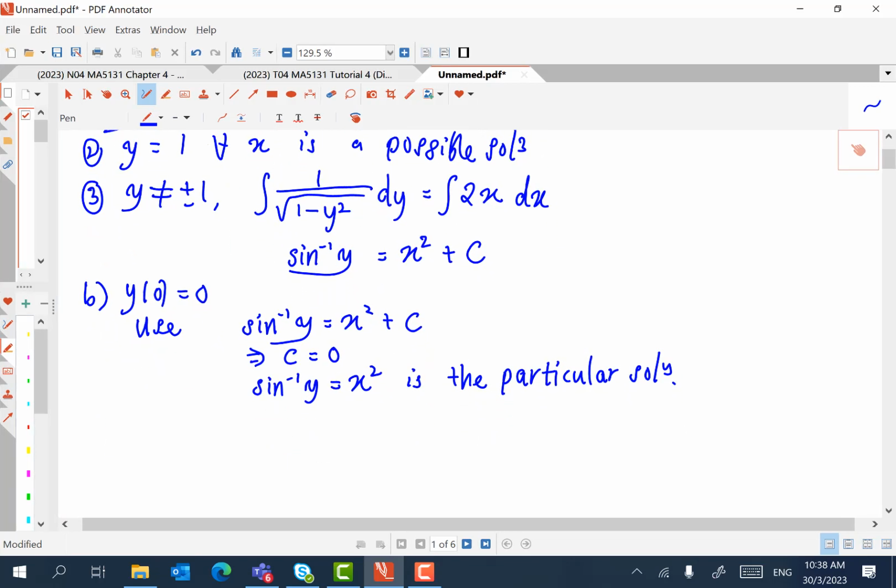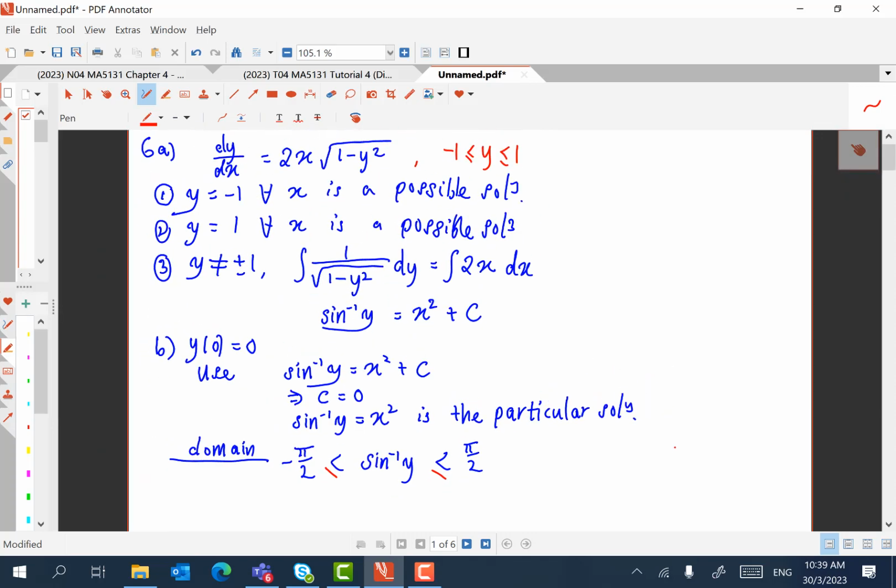Now that you are given a condition and therefore a particular solution, we want to look for the domain of this particular solution. Do you know that the moment you write sine inverse y, this angle must range between -pi/2 and pi/2? But for this question, we cannot admit -pi/2 nor pi/2.